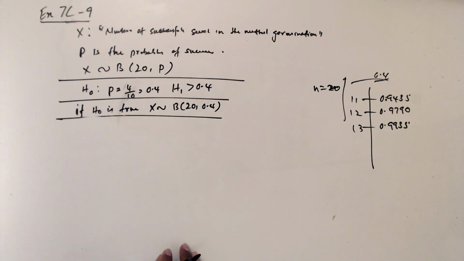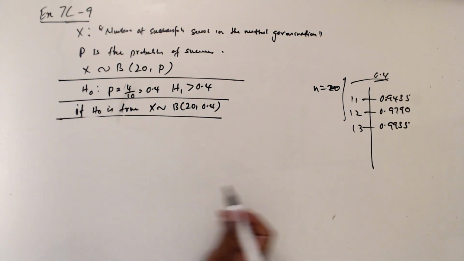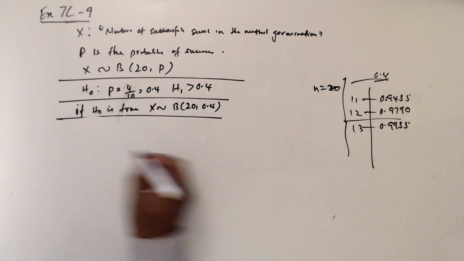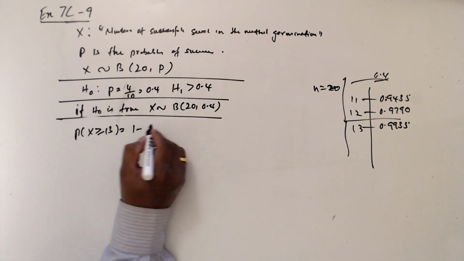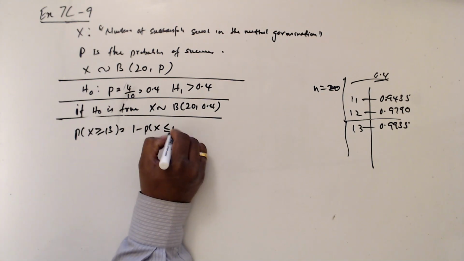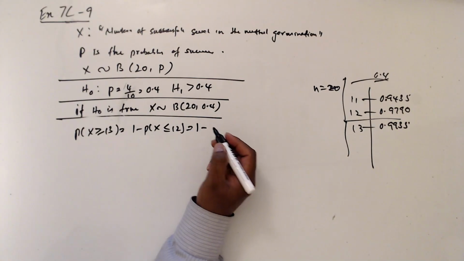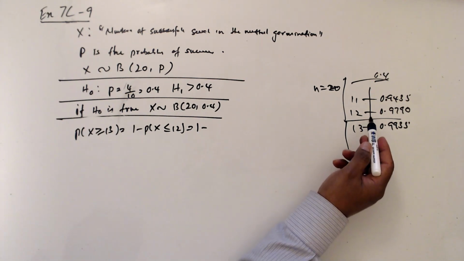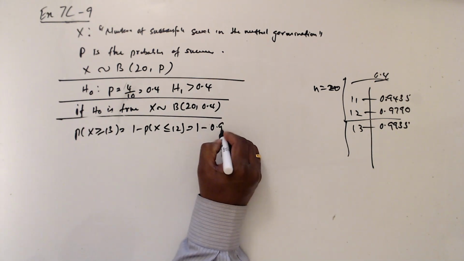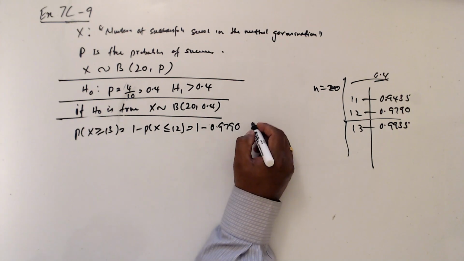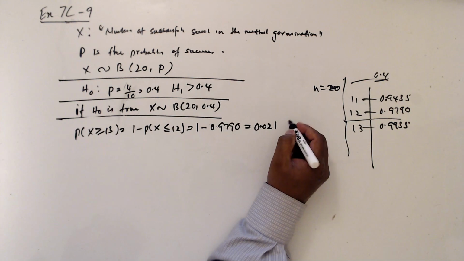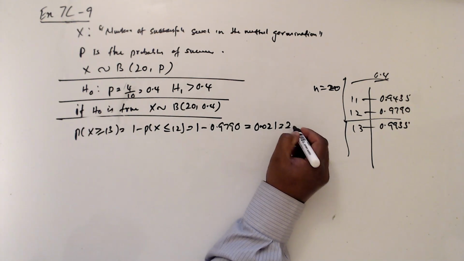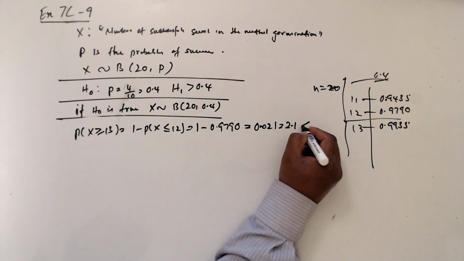So let's find the probability of X greater than or equal to 13, which means 1 minus probability of X less than or equal to 12. 1 minus 0.9790 is 0.021, so this is 2.1%, which is less than 5%.